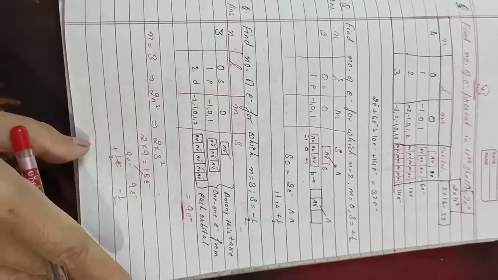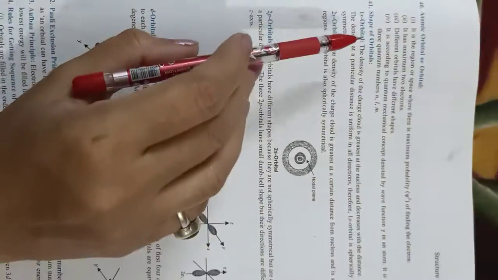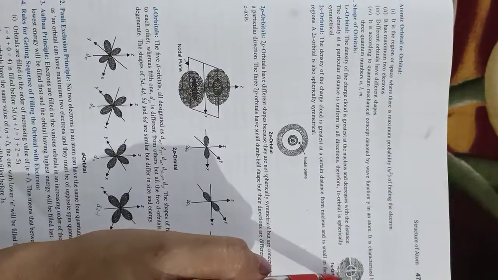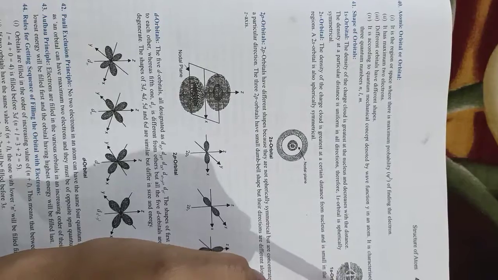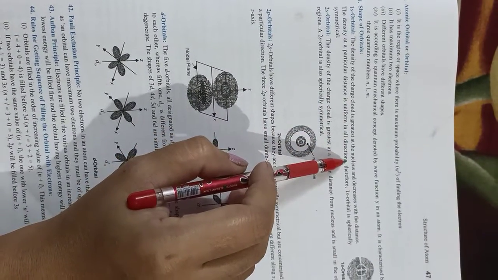Okay, and this also you can write down in your copy. So we have completed this thing today. After we completed this, then I started shapes of orbitals. In the shapes of orbitals, I started the 1s orbital. The 1s orbital is said to have a cloud-like structure. The density of the charged cloud is greatest at the nucleus.